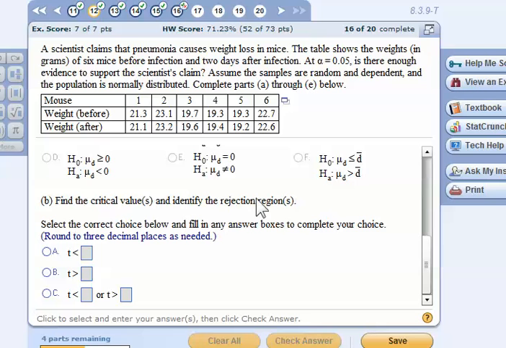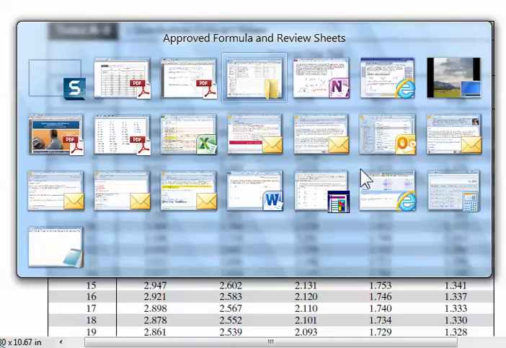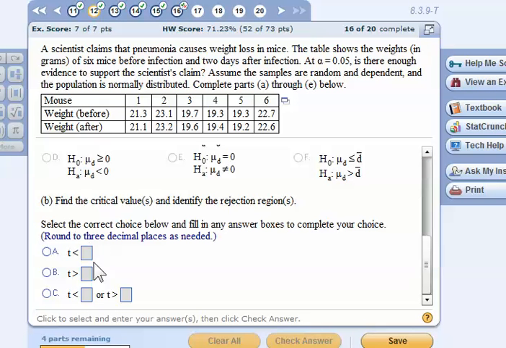You look up on the table. So here we look for degrees of freedom of 5 because there were 6 mice in the sample. And we come across looking for area in one tail. That's the top with 5% in one tail. So 2.015. And we're on the right side.